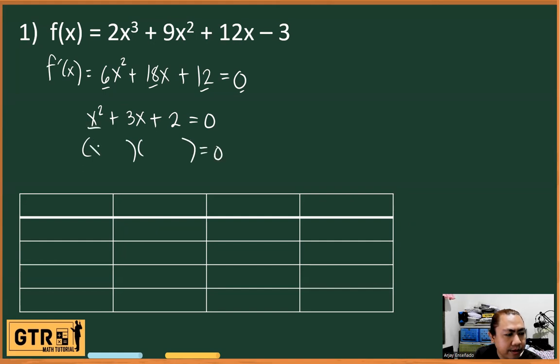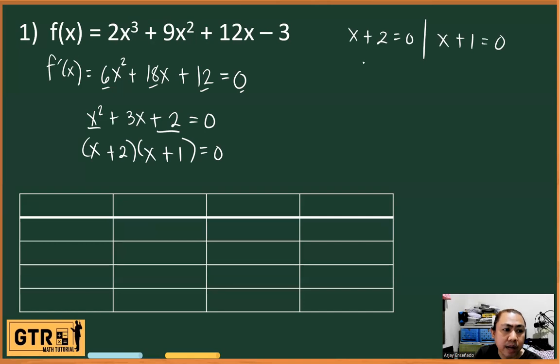Factors of x squared: x and x. Factors of positive 2 are positive 2 and positive 1. The sum, positive 2 plus positive 1, is positive 3, and if we multiply 2 times 1 it is 2. Then equate each factor to 0. So we have x plus 2 equals 0, and then x plus 1 equals 0.